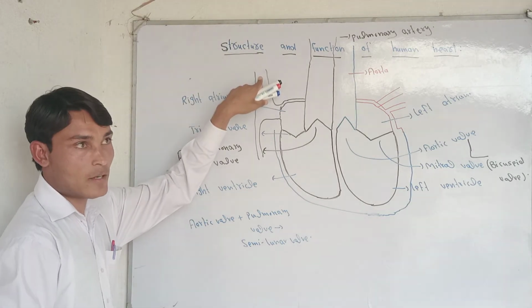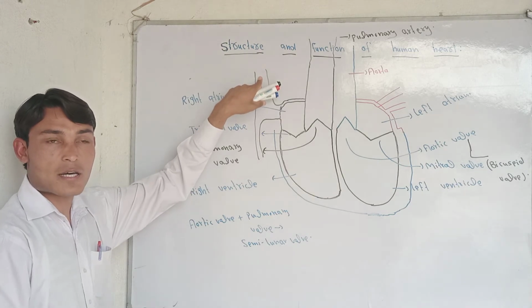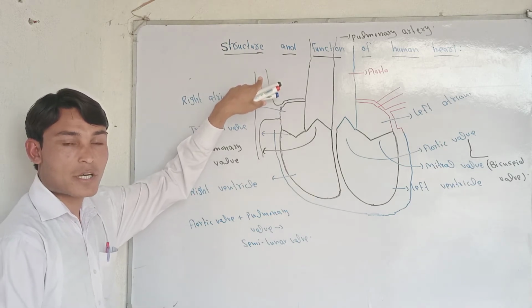Next, this one is called the superior vena cava. Vena cava is the largest vein present in the human body.